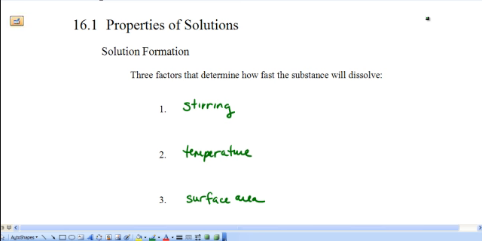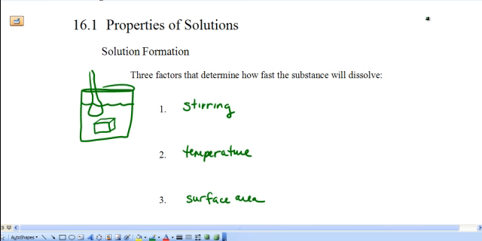In terms of stirring, let's go ahead and draw a picture here. If I have a substance, let's just make it a cube, whatever it is, inside of my solution. As I put the spoon down in there and stir this thing around and around, any particle that comes off from this cube is going to get whisked away to a different area, and it's going to bring fresh solvent to try to dissolve more particles.